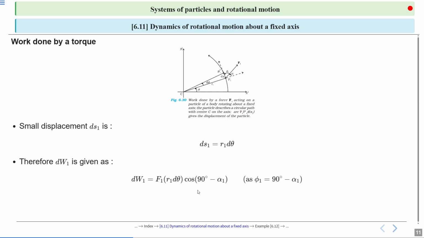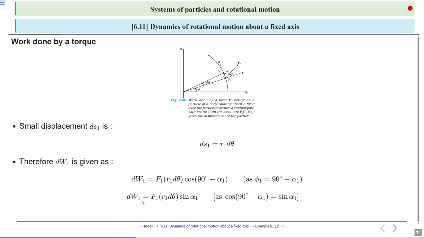All right. So therefore dw1, just put the value. We know dw1 is equal to F1 dot ds1. So solving the dot product, you will get F1 ds1 cos phi 1. Here phi 1 is 90 degree minus alpha 1. This is the perpendicular, na? Perpendicular. So the whole angle is 90 degree. So 90 minus alpha 1, this one, cos of 90 degree minus alpha 1.